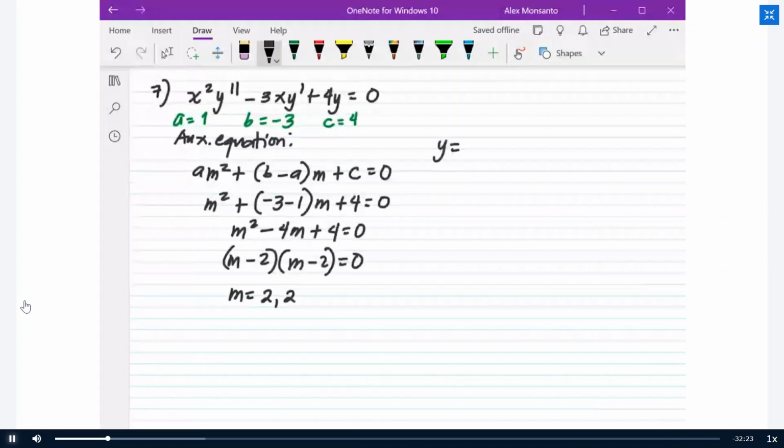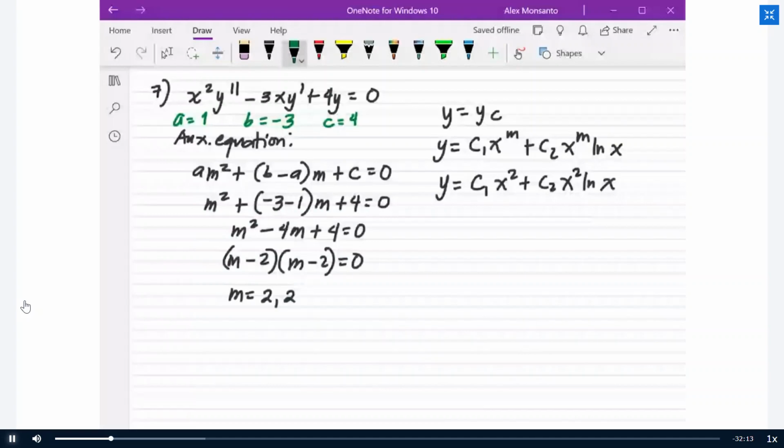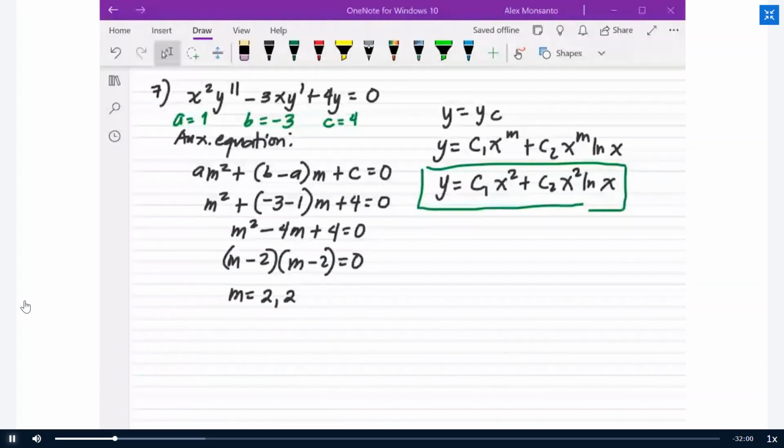So, ito yung magiging y sub c natin, yung ating magiging complementary function. So, y is equal to c sub 1 x squared plus c sub 2. So, please take note lang po na iba ito dun sa sinusolve natin na homogeneous.